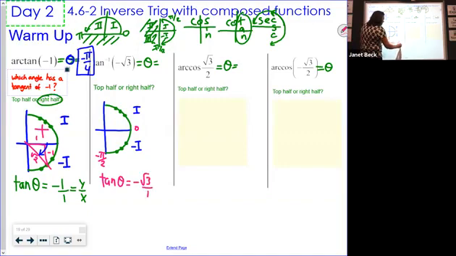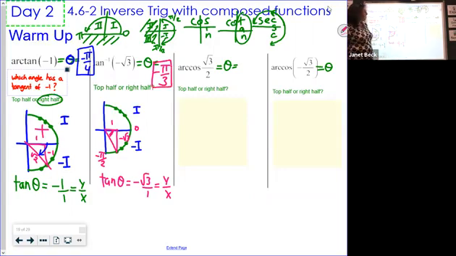Turn that into a ratio. That is the ratio of a y divided by an x. If my x is 1 and my y is -√3, that's a 30, 60, 90, where my reference angle here is the 60 degrees. It's opposite the long leg. So that is -pi/3.